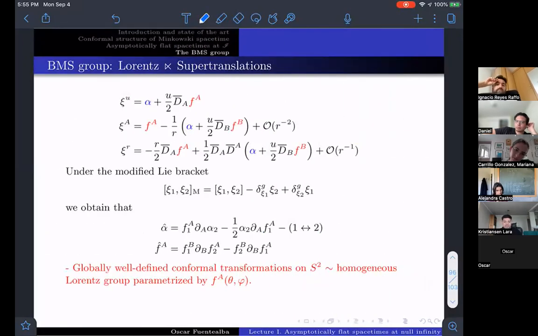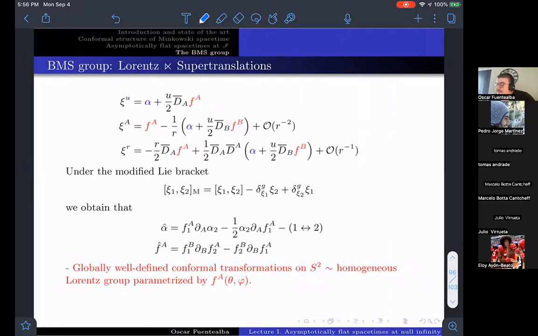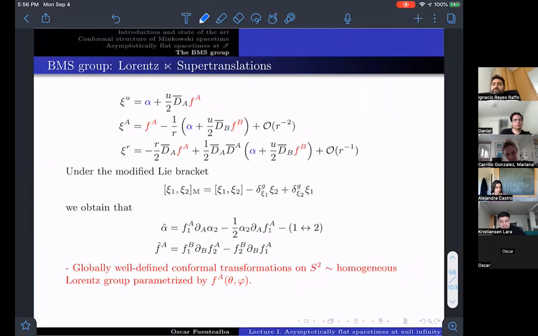And we see that indeed the general solution of the conformal Killing equation is infinite dimensional, but it's easy to show, and you can find this in any conformal field theory book, the first 2 pages, that only the globally well-defined conformal transformations are 6, and this is the homogeneous Lorentz group parameterized by this function Fa.